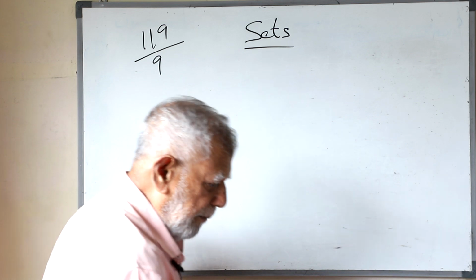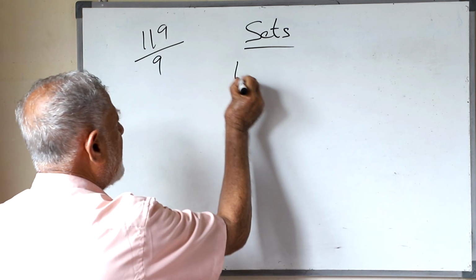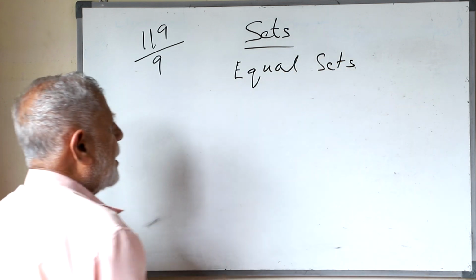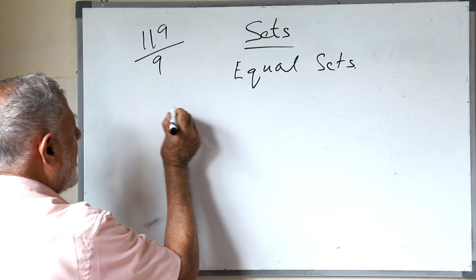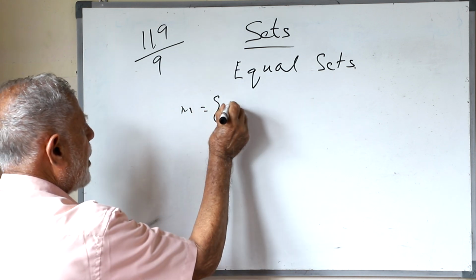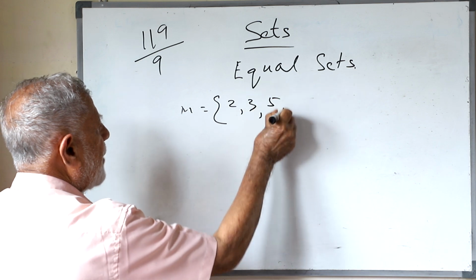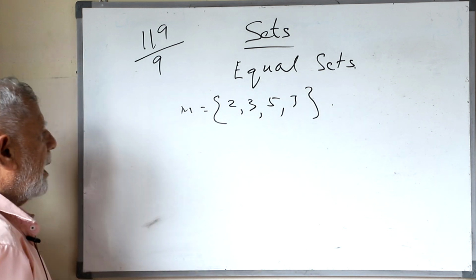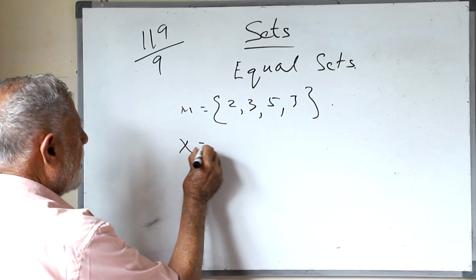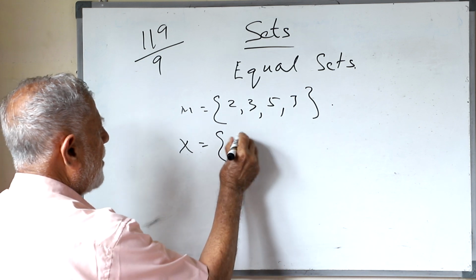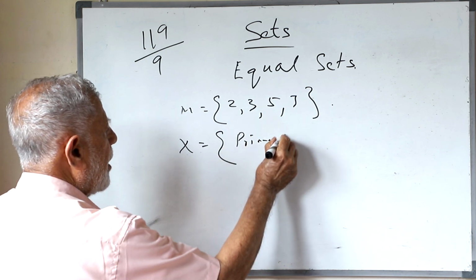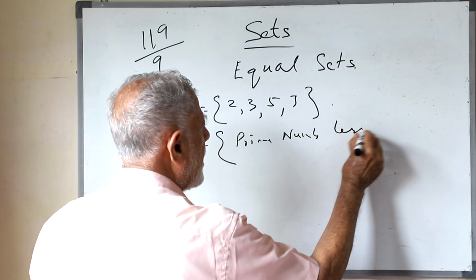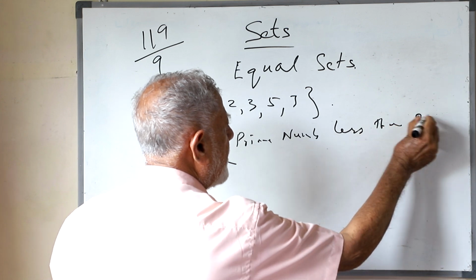Look at the next thing. We must know what equal sets are. For example, we write M is equal to 2, 3, 5, 7. And X is equal to prime numbers less than 8.